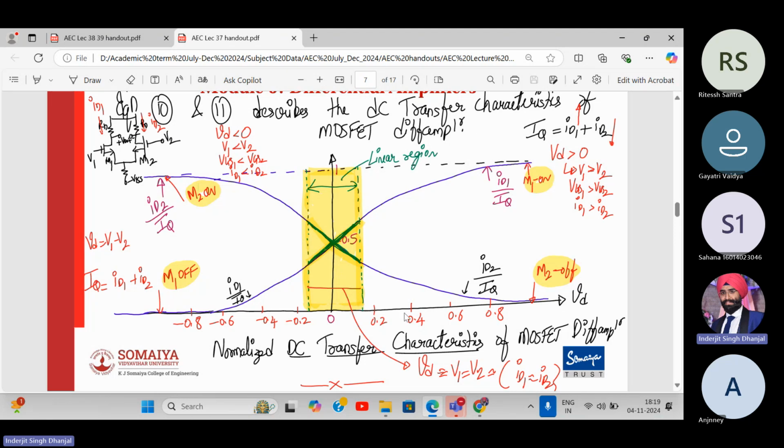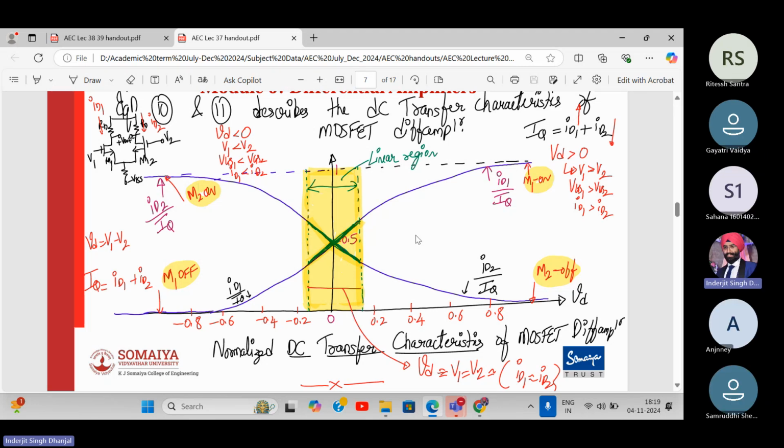All right. So the question is, why do we go for such a MOSFET differential amplifier? The maximum differential input signal for the MOSFET differential amplifier is much, much larger than for the BJT differential amplifier. The second reason is that the gain of a MOSFET differential amplifier is much smaller than the gain of a BJT differential amplifier. Many DFAMs are constructed using MOSFETs because it is possible to provide high input impedance, which helps the amplifier avoid loading of the source.